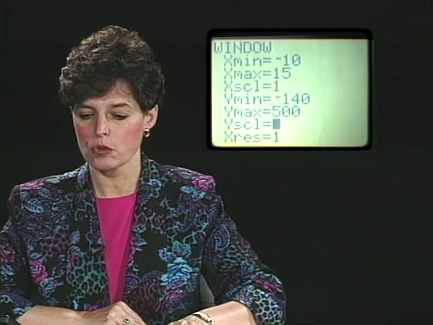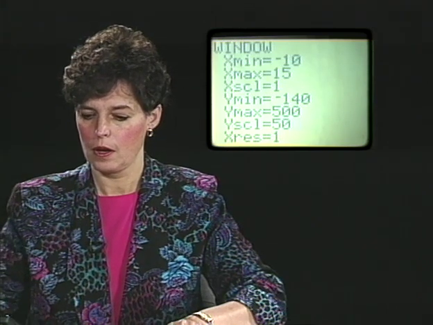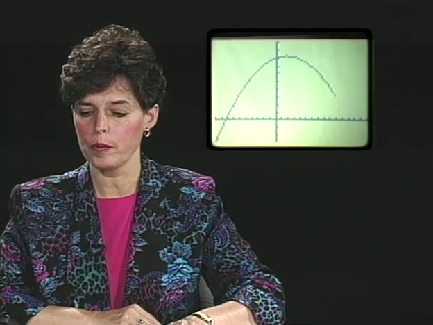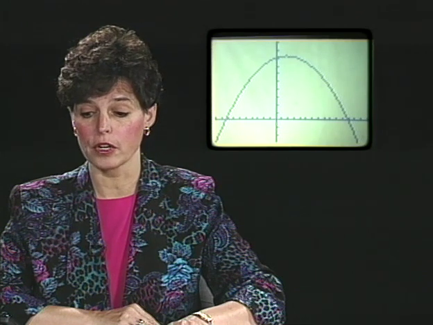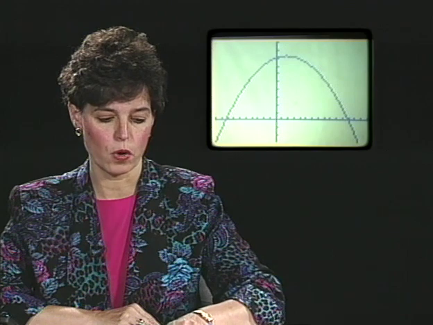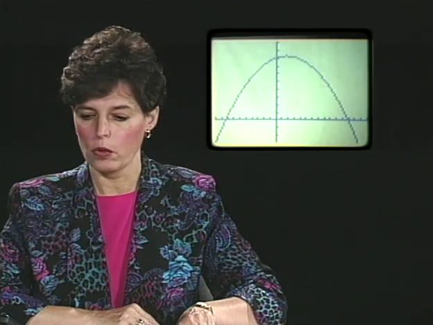So why don't we change the y scale to something larger, like maybe 50. Press Graph, and you notice that the tick marks are showing up now, but we do have to keep in mind that the tick marks on the y-axis are each worth 50, and the tick marks on the x-axis are each worth 1.